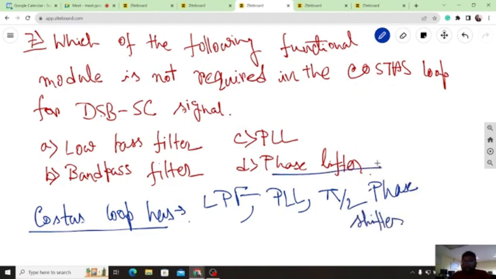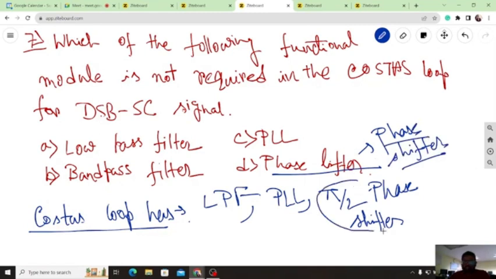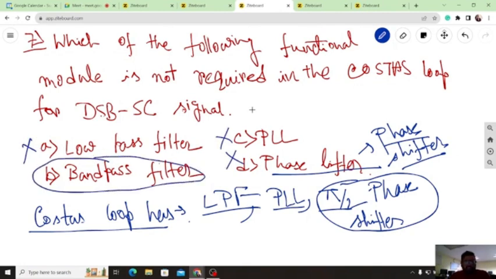We can also say this phase lifter is a phase shifter that changes the phase by a pi by 2 factor. So basically these three components are required here. So low pass filter is gone, PLL gone. So only the band pass filter is not required for a Costas loop for a DSBSC signal.